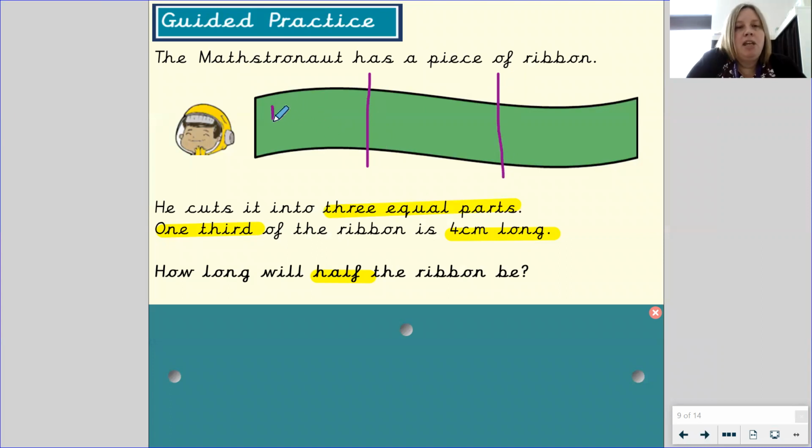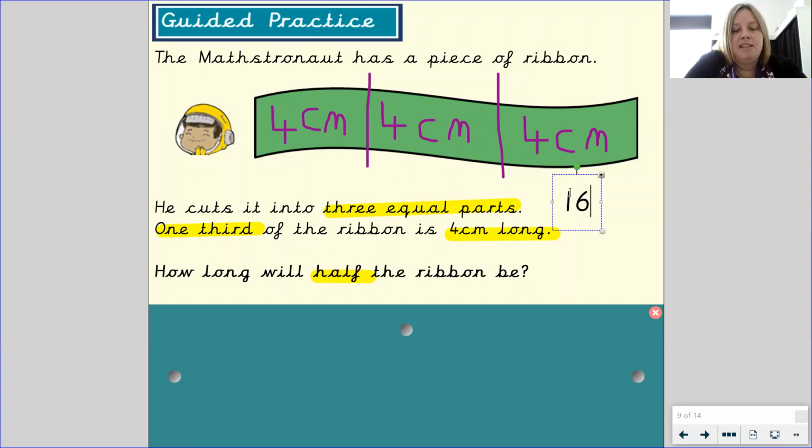And we know that each part is 4 centimetres. So it looks a little bit like a bar model. We've got 4 centimetres, 4 centimetres, and 4 centimetres. That the whole piece of string is 16 centimetres.